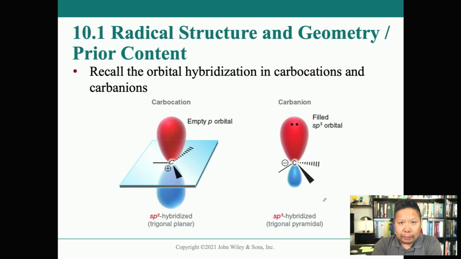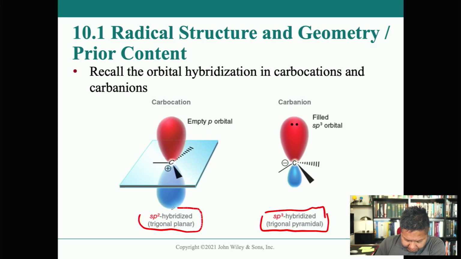Recall the orbital hybridization of carbocations and carbanions. sp3 hybridized is trigonal pyramidal, and sp2 hybridized is trigonal planar. The filled orbital is this sp3 orbital in the carbanion, and there's an empty orbital when it comes to the carbocation.